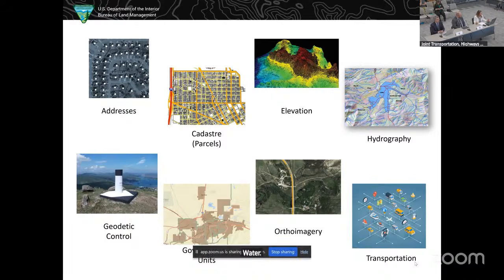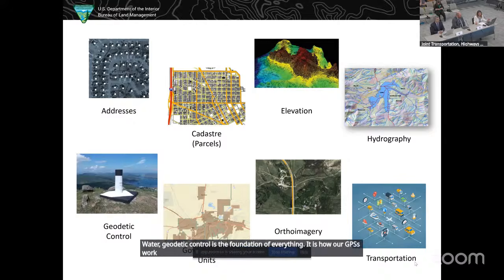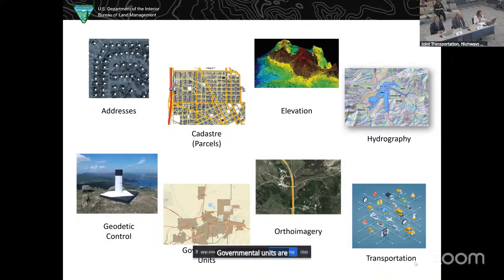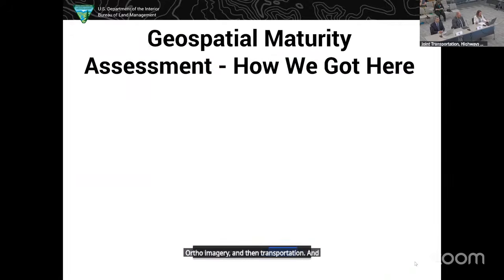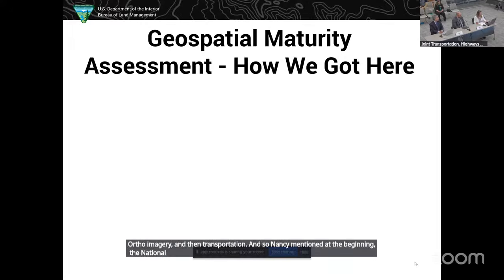Geodetic control is the foundation of everything. It is how our GPSs work, how your phone knows where you are. Governmental units are census blocks, city boundaries, cemetery districts, all that kind of thing. Orthoimagery, and then transportation. And so Nancy mentioned at the beginning, NSGIC, the National States Geographic Information Council.